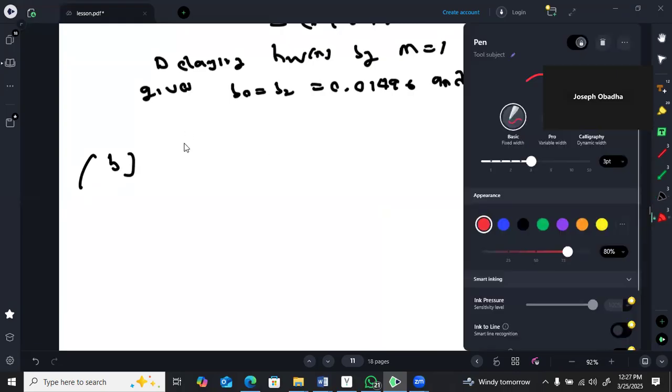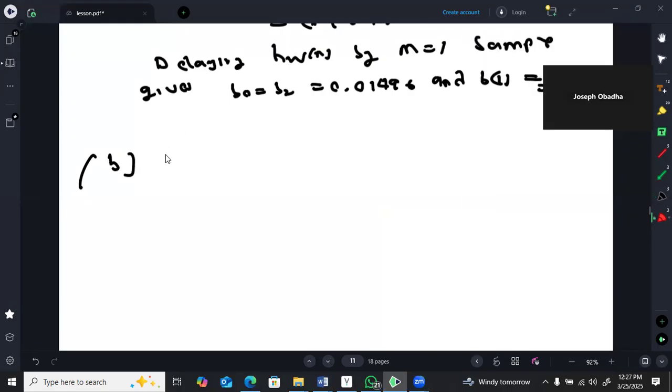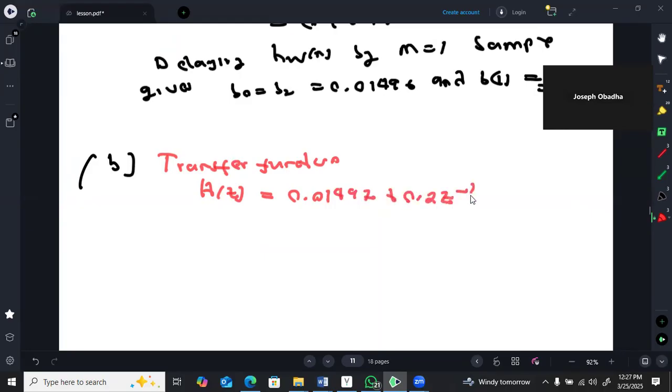That is, we'll have the transfer function being given by H of z equal to 0.01497 plus 0.2 z minus 1 plus 0.01497 z minus 2.